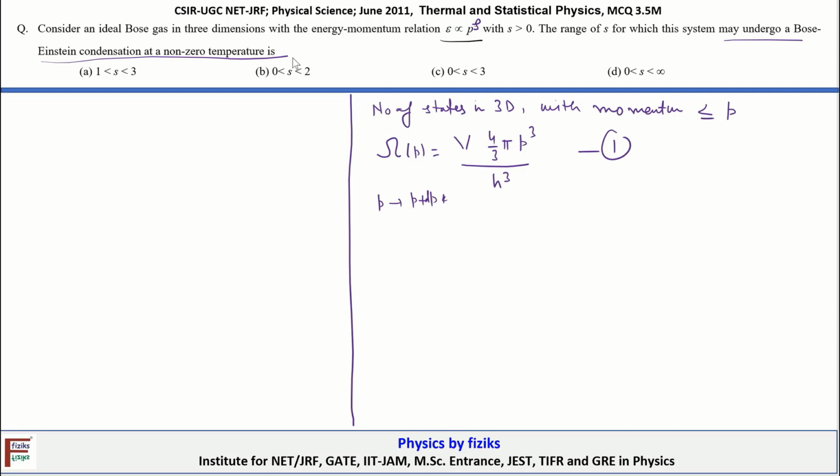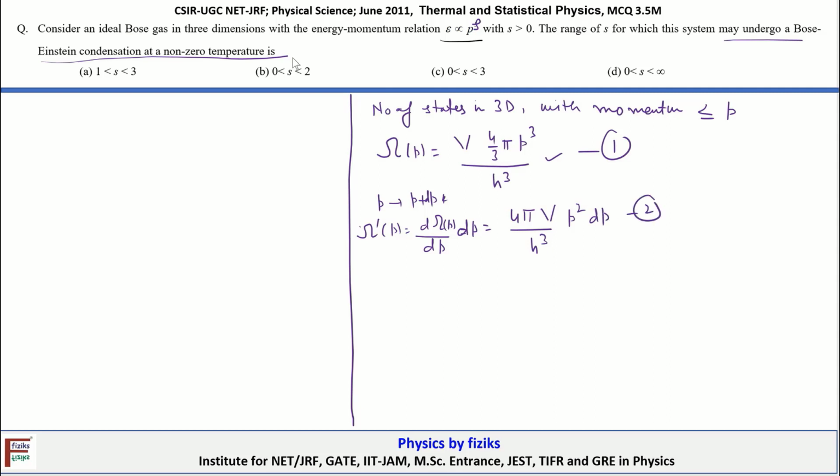For a 3D system this is omega dash p, that is d omega p upon dp into dp, and after differentiating this expression with respect to p, we obtain 4 pi V upon h cube p square dp.